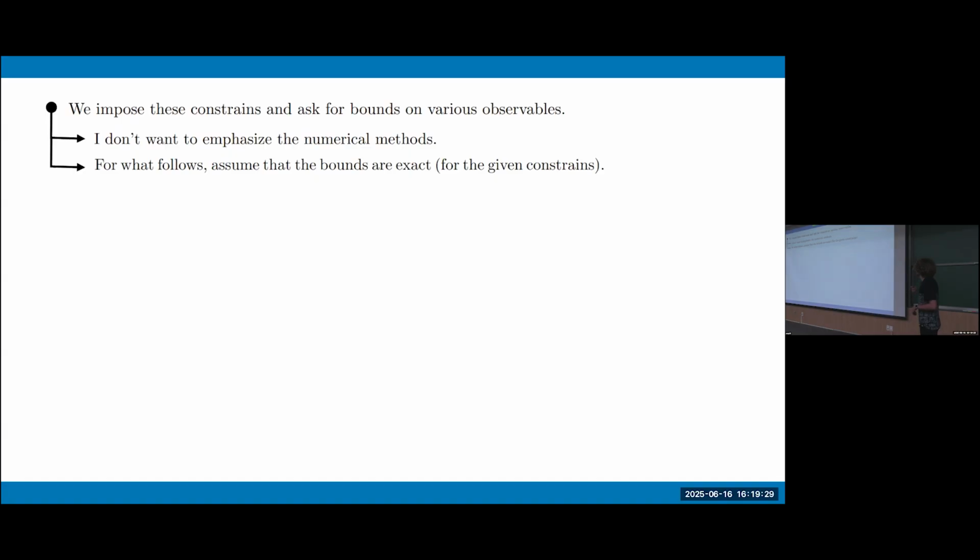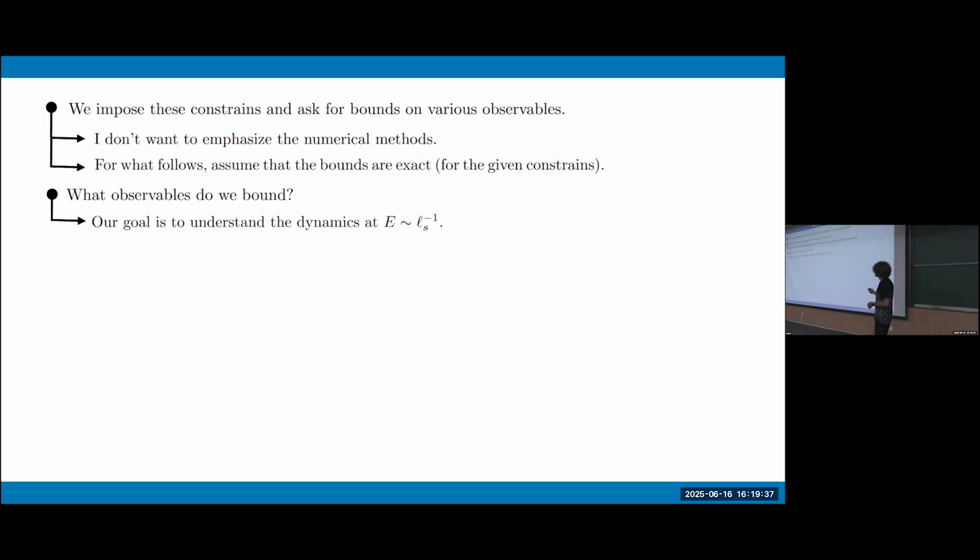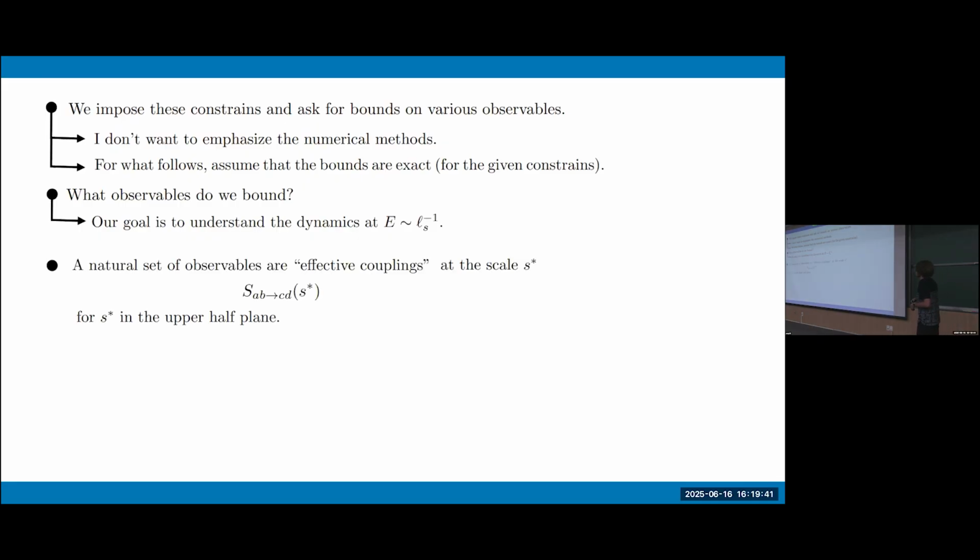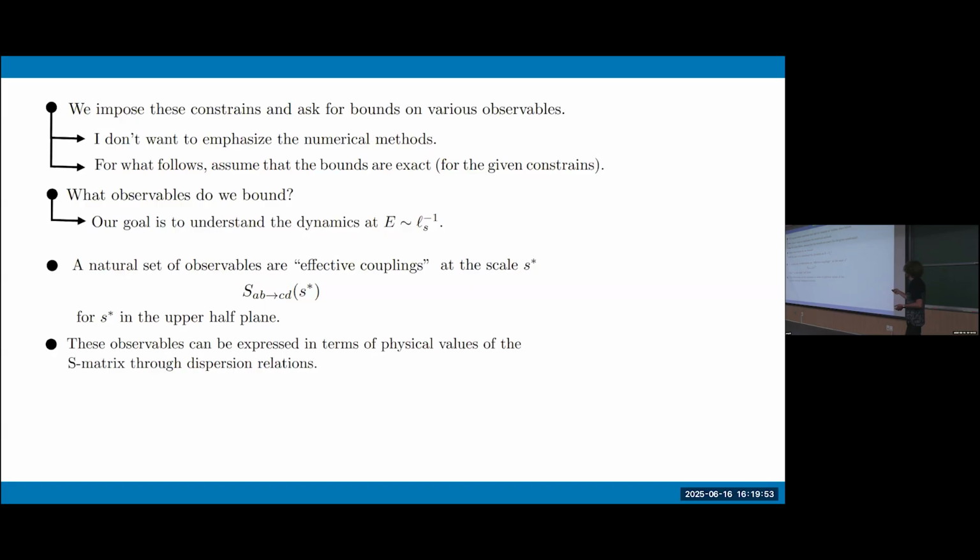And so we can now discuss what observables we bound on these systems. And so for that, let's recall our goal. Our goal is to understand the dynamics at energies of order inverse string length. So a natural set of observables to consider are effective couplings defined by evaluating these jet S matrices at some energy scale s star, in the upper half plane where the S matrix is analytic.